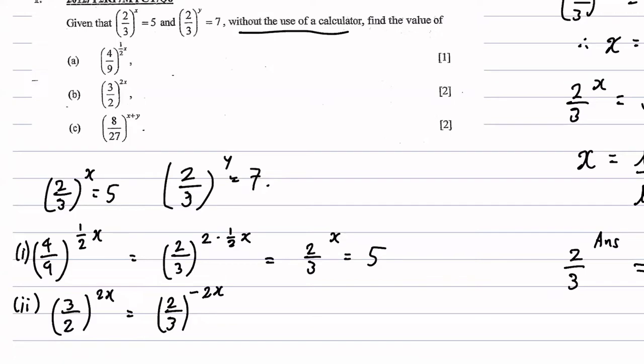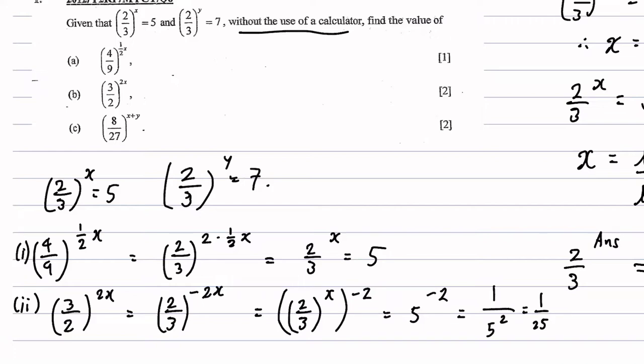But then, do you know that you can always swap the order of multiplication? So that means that 2/3, you can raise it to the power of x first and then power -2. Agree? X times -2 gives you -2x. But what's (2/3)^x? 5. So it's 5 to the power -2, which is (1/5)^2, which is 1/25.